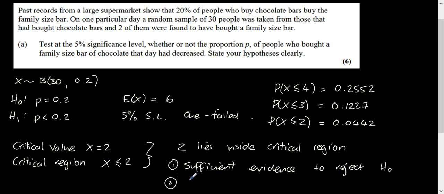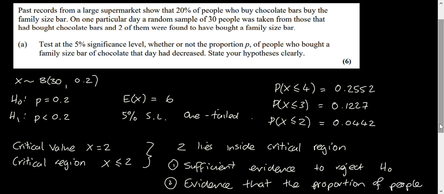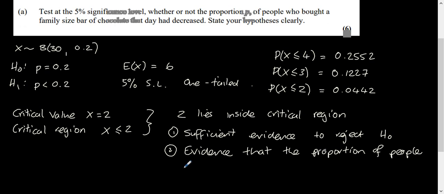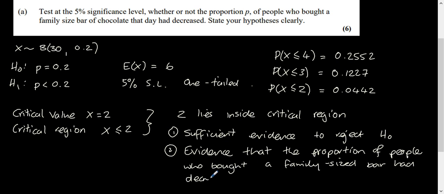And conclusion 2, there is evidence that the proportion of people, and again I'm using the language from the question here, the proportion of people who bought a family-sized bar had decreased.